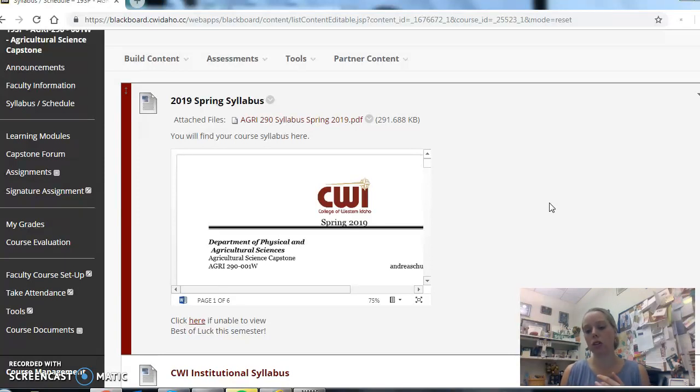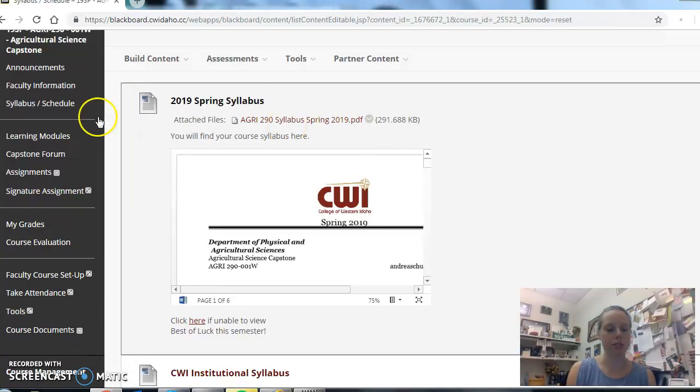Structure it the way that you feel it will work best, and ensure that you're again collaborating with your industry partner so that they understand the constraints of your class schedule and your work schedule if you have a work schedule. So you want to make sure that you're cognizant of all of those things as you're searching for that opportunity that's going to work best for you this semester.